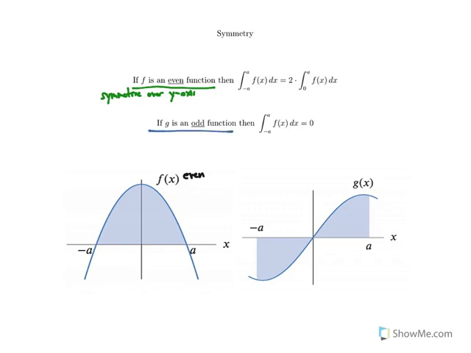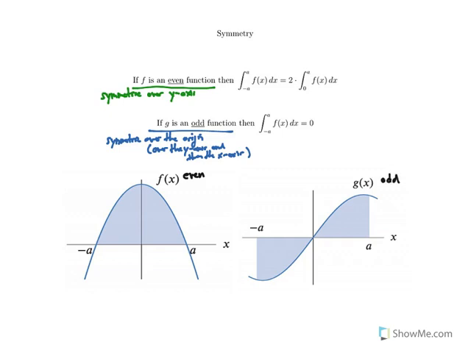An odd function is symmetric over the origin, which is another way of saying over the y-axis and then the x-axis. So this is a picture G of an odd function.